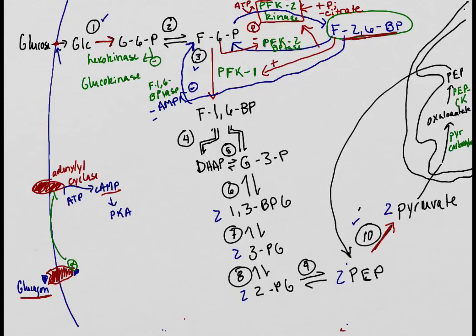Likewise, in the liver, remember that we can see glucose 6-phosphatase, and glucose 6-phosphatase is in the endoplasmic reticulum. So in the liver, we know that this glucose 6-phosphate can go into the endoplasmic reticulum.